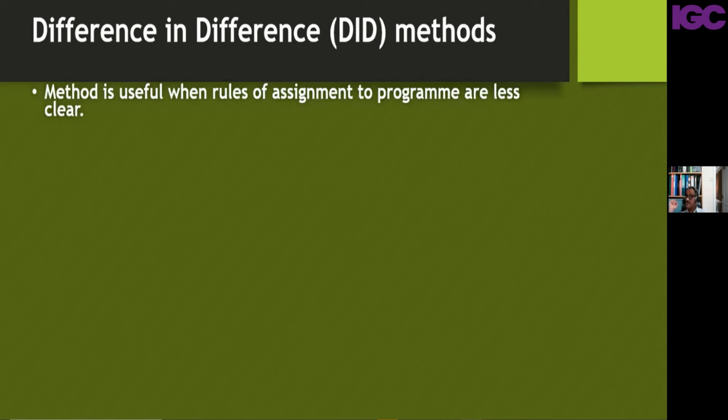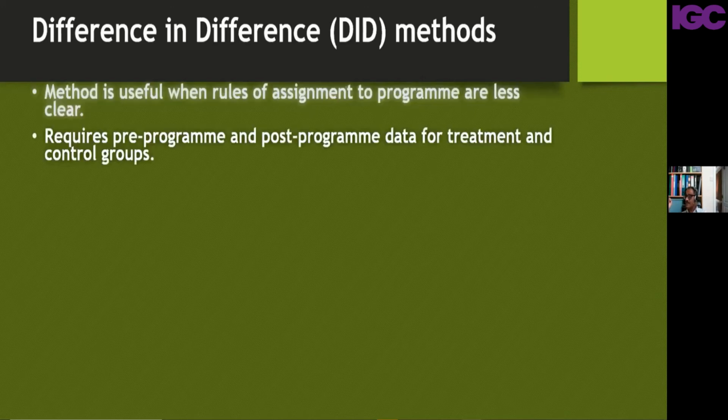So in this kind of a situation, you can use the difference in difference method. And what it requires is pre-program and post-program data for both the treatment and the control group. So you have one block which is selected for the program. The comparison block will be another block which is not selected for the program.